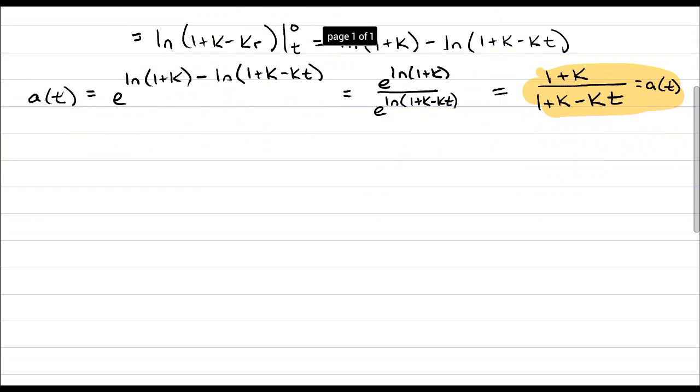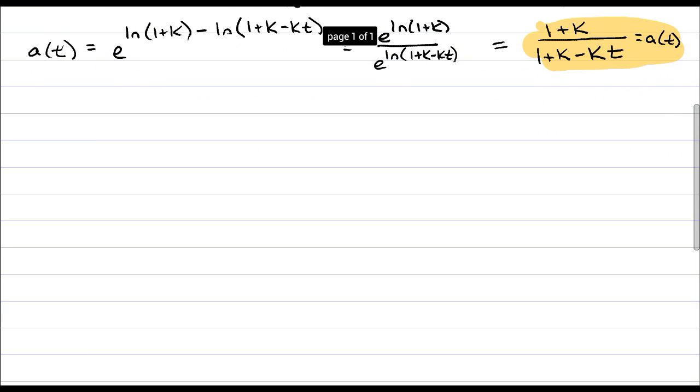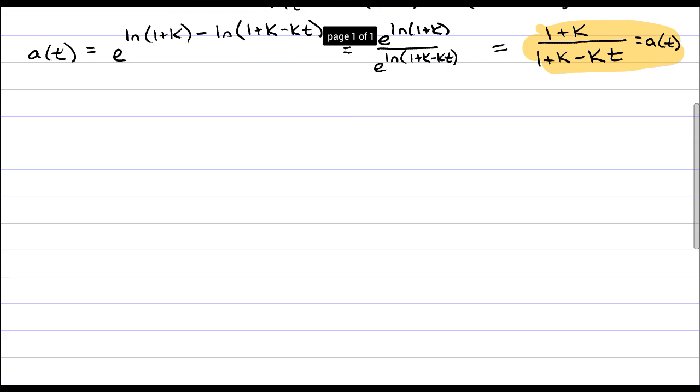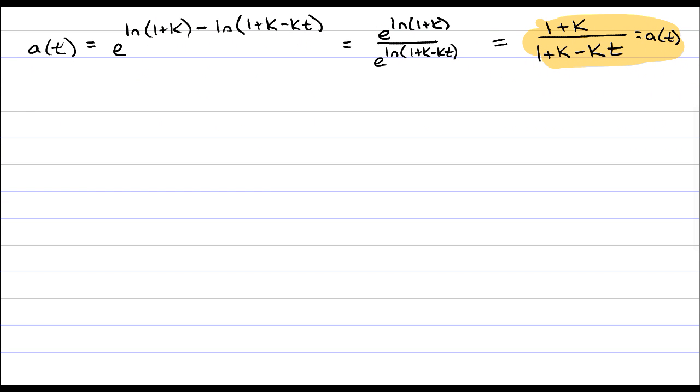Now let's look at the details for this specific account. We are told at time 0, our account has $100,000 in it, but to make the number simpler, I'm going to write this as 100.